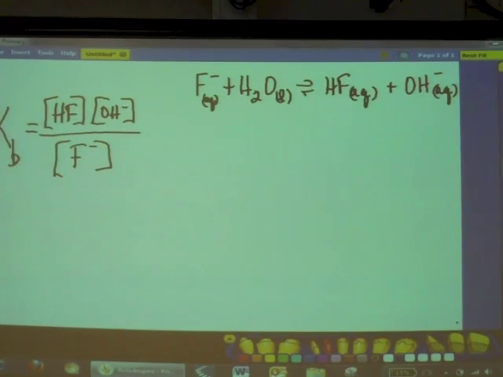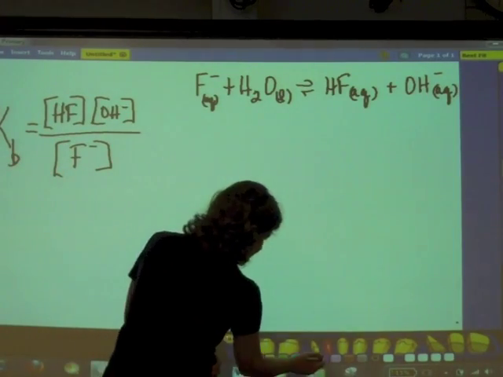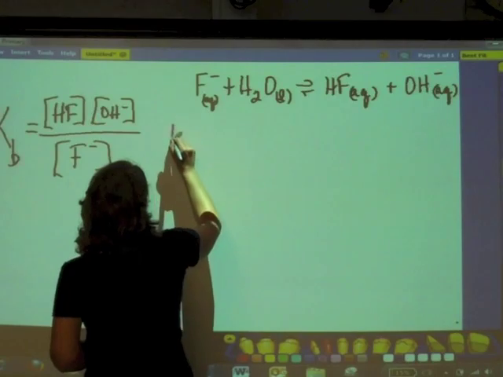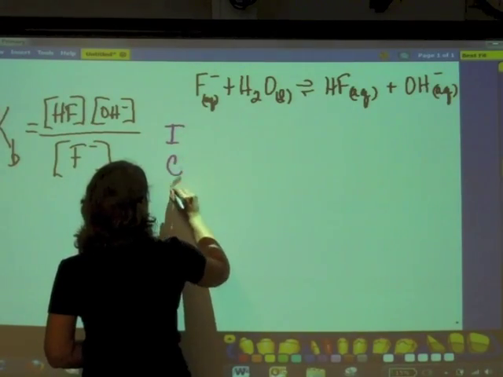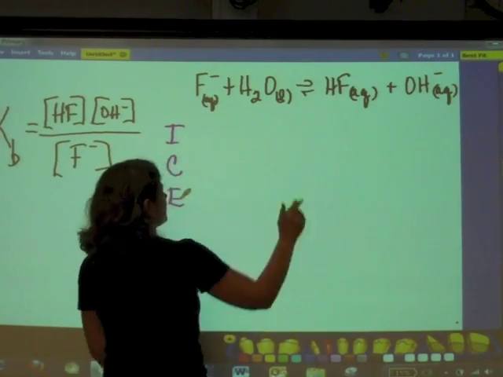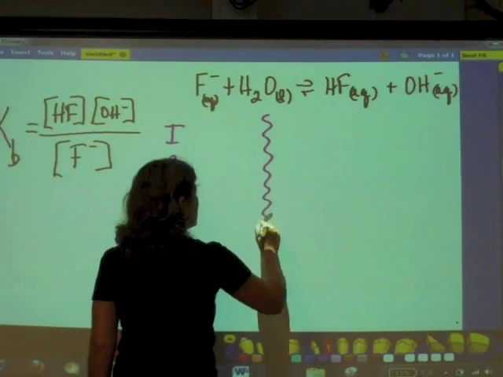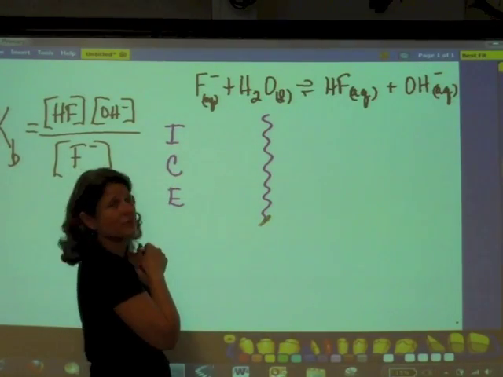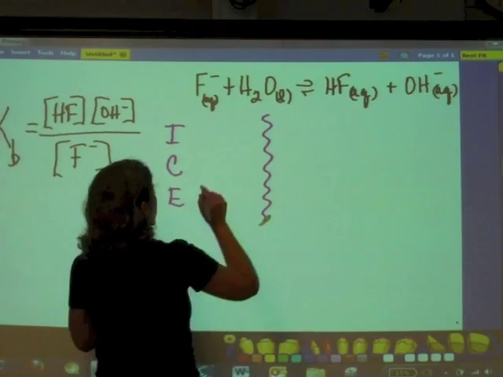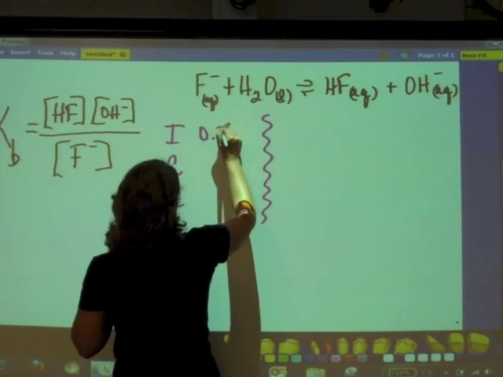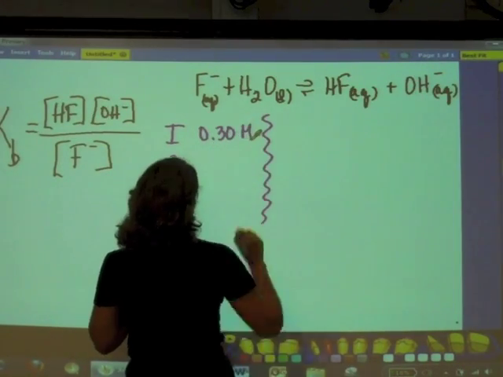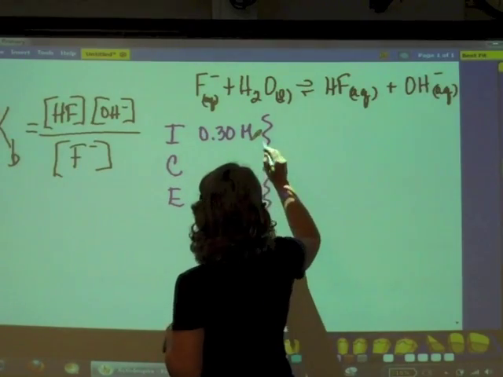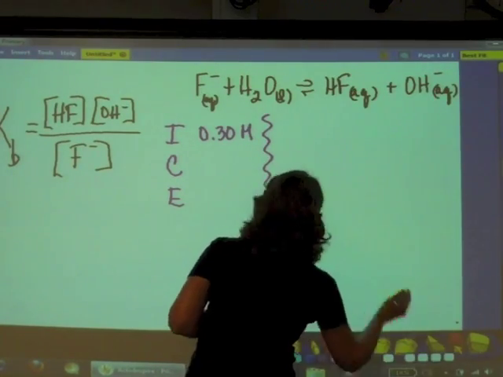Let's set up an ICE diagram. Water is a liquid, so I'm getting rid of it. What is my concentration of fluoride initially? I'm getting rid of this.